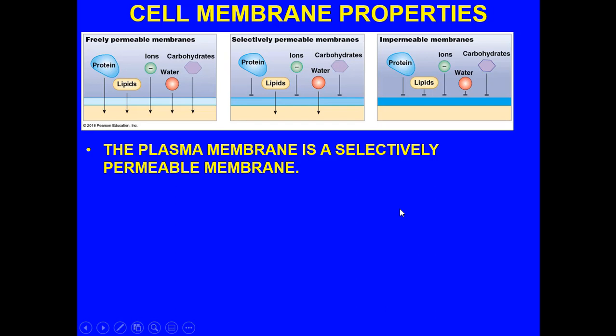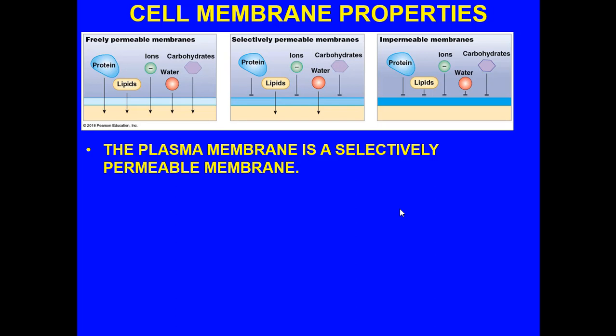Now, I've moved along here for gene expression. What we do need to talk about are some cell membrane properties. As I mentioned to you earlier, the cell membrane is a semi-permeable or selectively permeable membrane. Okay? There are different types of permeability of membranes.